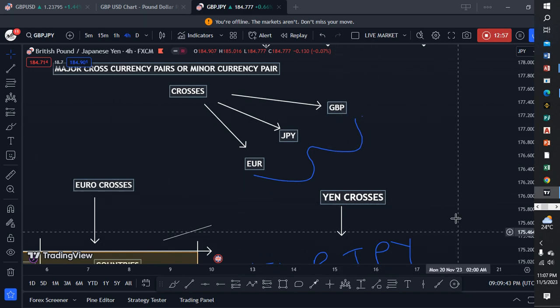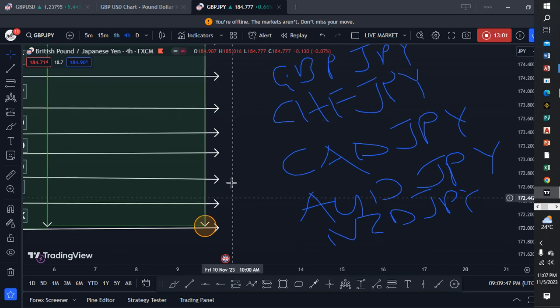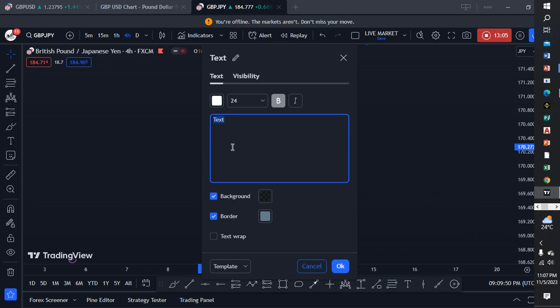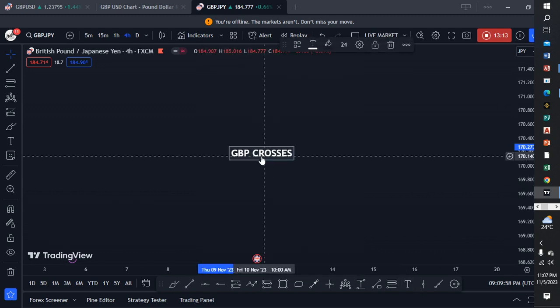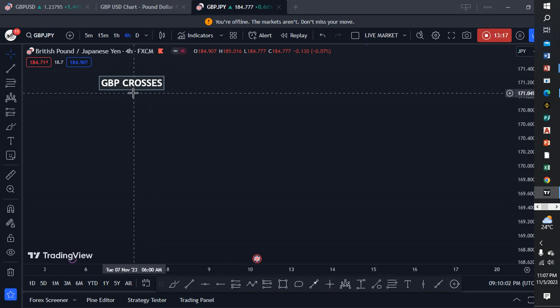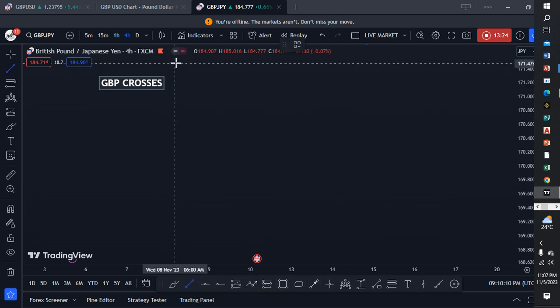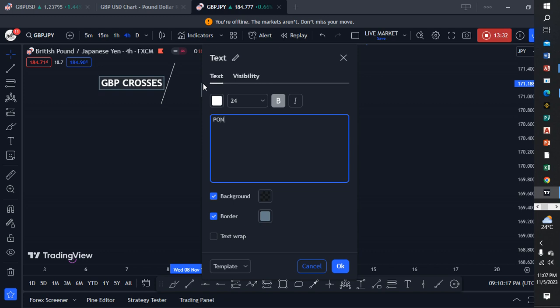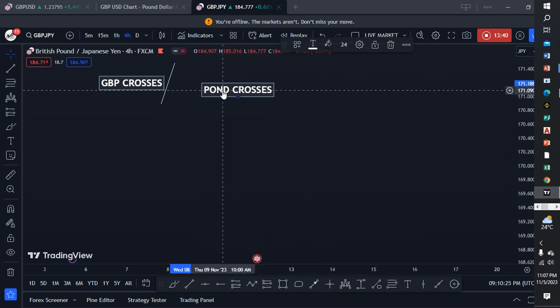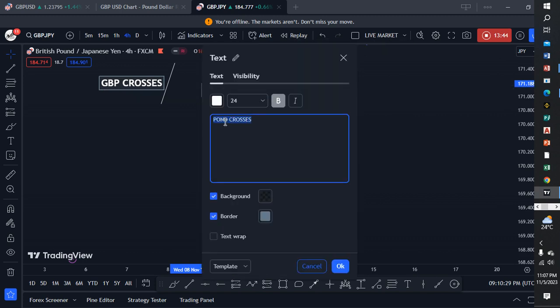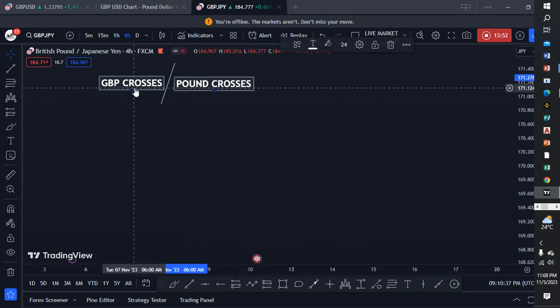We're going to look at the GBP crosses. The GBP crosses, or the pound crosses, you can call them the GBP crosses or the pound crosses.